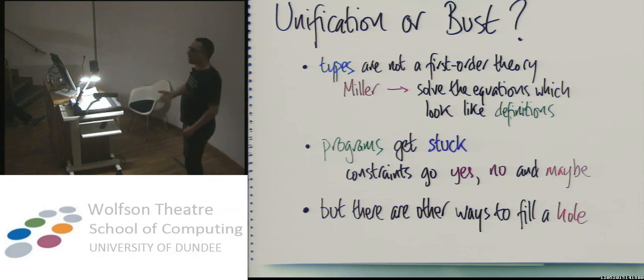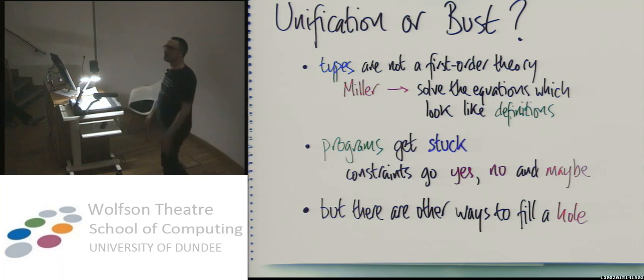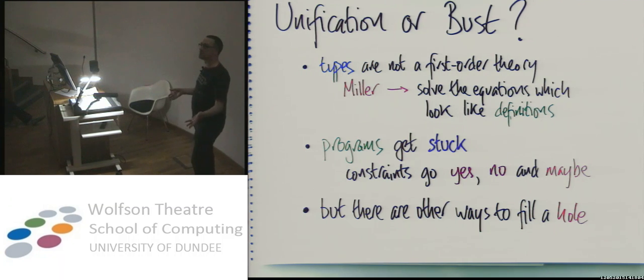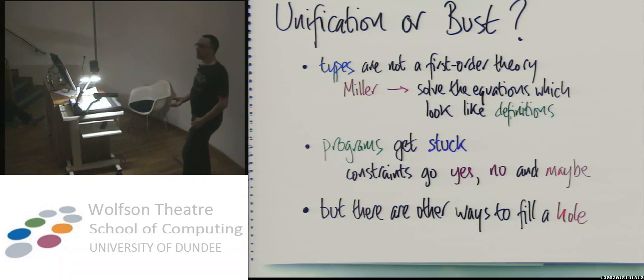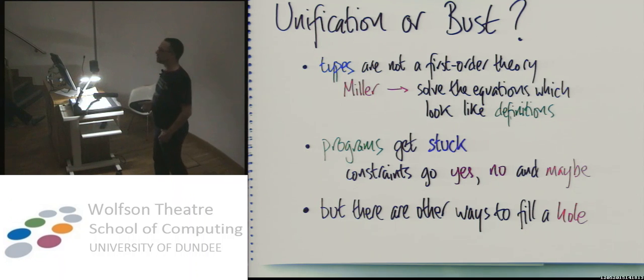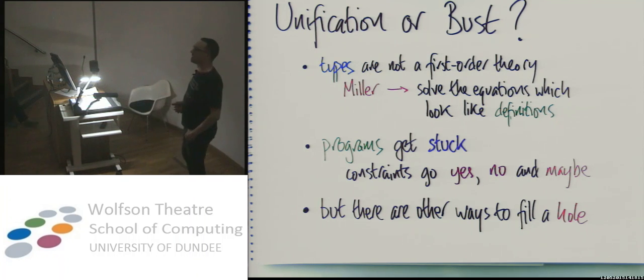One, we're not working in a first-order theory anymore. Some of the things we don't know are functions. And the art of the possible comes essentially from Dale Miller, which is to say, when you see an equation that's supposed to tell you what a function is, can you figure out what the function is? And if the equation looks like a definition, then you know what the function is.